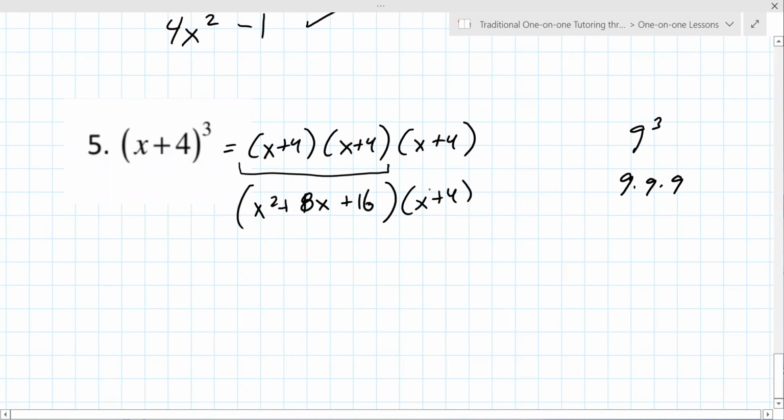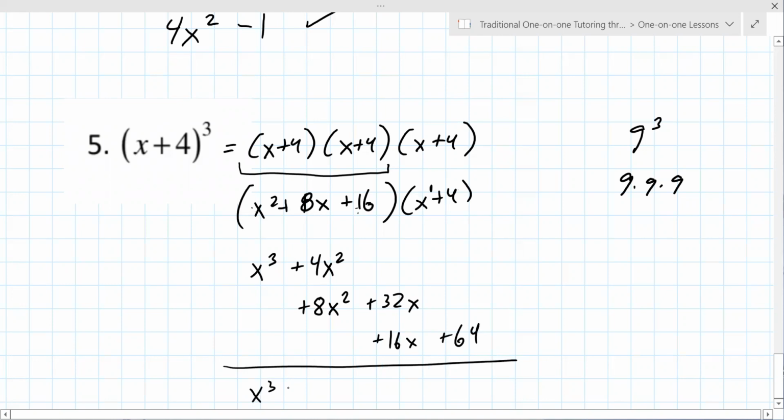So x squared times x is x cubed. x squared times 4 is 4x squared. 8x times x is 8x squared. 8x times 4 is 32x. 16 times x is 16x. 16 times 4 is 64. Nice little waterfall there. x cubed plus 12x squared plus 48x plus 64.